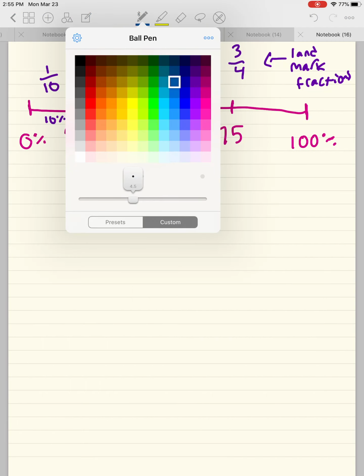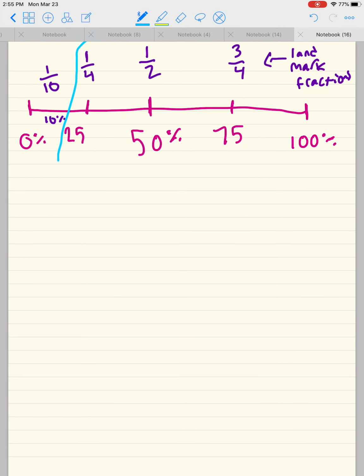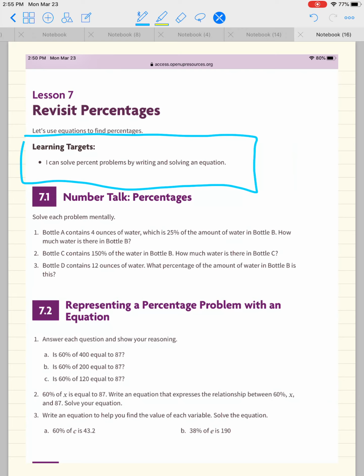So remember, flipping back here, 25% is equal to a fourth of the bottle. So 4 ounces is 1/4. So you could think in your head, 4 plus 4 plus 4 plus 4, that is going to give you 100%, because this is 1/4, 1/4, 1/4, 1/4.